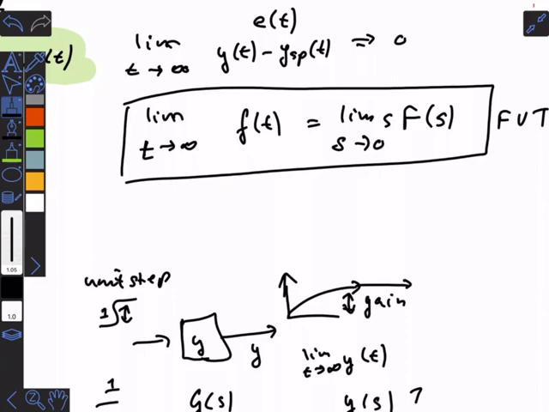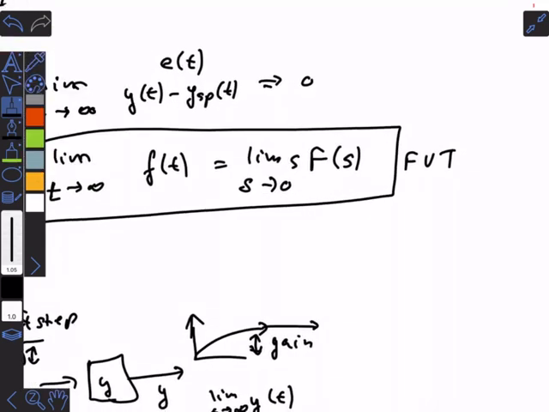That limit as t goes to infinity, I'm trying to figure out what makes that 0. My Y_SP in this case is, let's call it, 1 over s, because I'm trying to figure out that response. So I'm trying to make E equal to 0. Effectively, I therefore want, as s goes to 0, the limit of the transfer function that relates E to the setpoint to be 0.